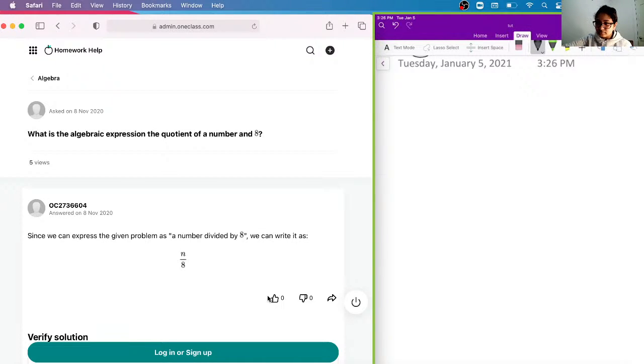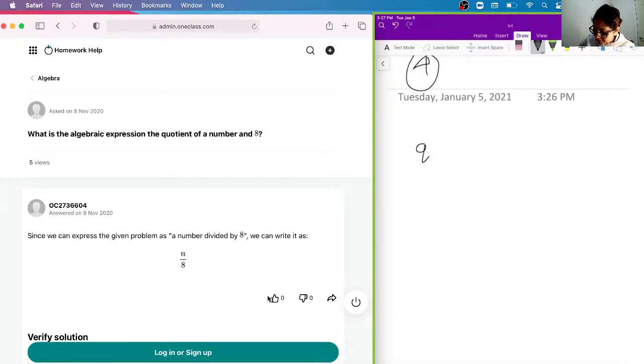Since we're given that it is a quotient of a number and 8, we can express this problem as a number divided by 8. Quotient means divide. Okay, you just think divide.